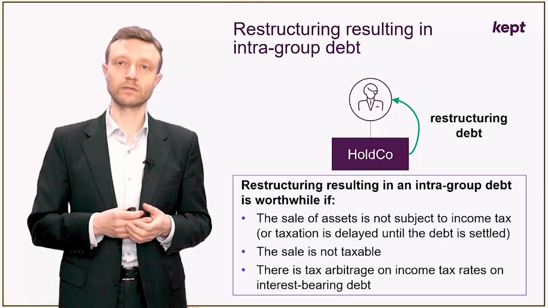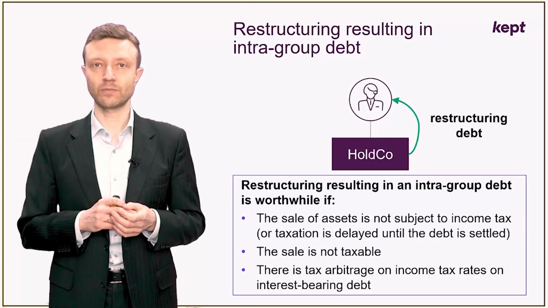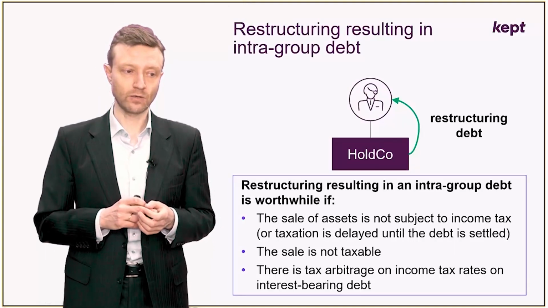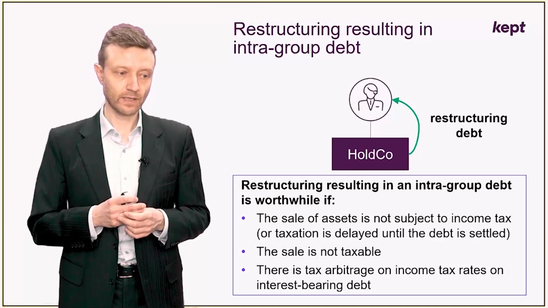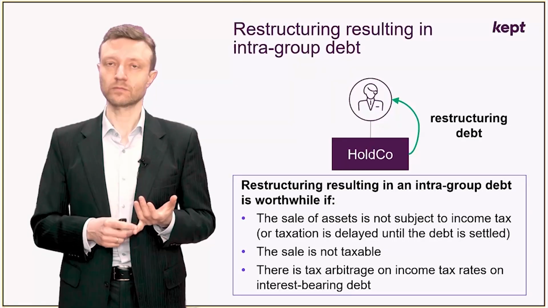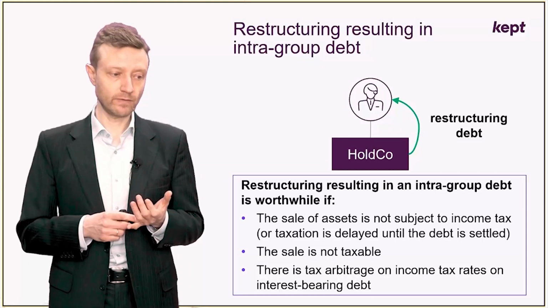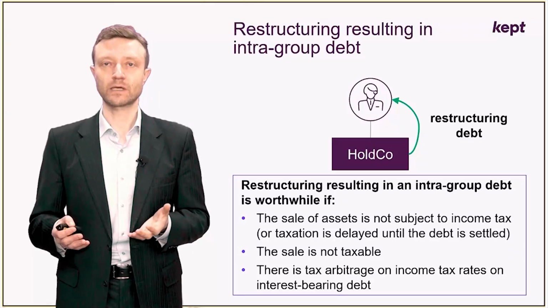Or in some countries, income from such a sale is not taxable altogether. And by the way, in Russia, there is a so-called 5-year exemption that can be relied upon, and there will be no income tax liability altogether if the holding period is long enough. So this is why selling assets can be beneficial, but it's also possible to achieve tax arbitrage.